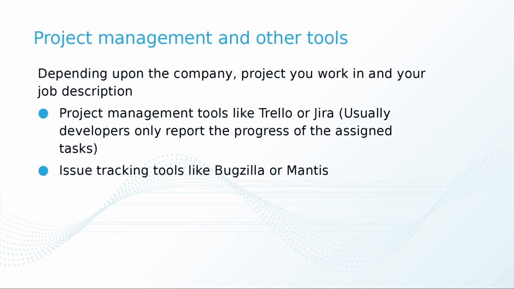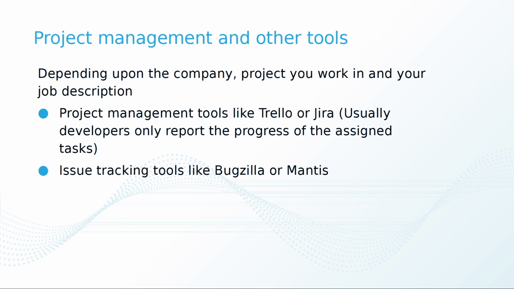There are a couple of project management tools like Trello or Jira. These tools are used by teams to manage the project and its progress, check the status of the project, and see who is doing what and who is responsible for what.